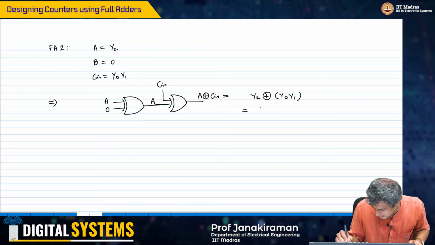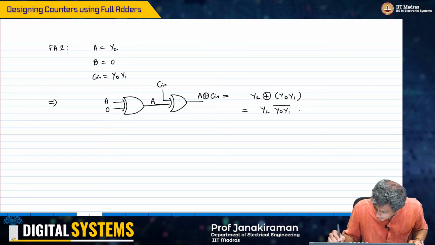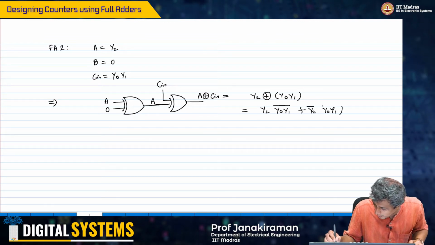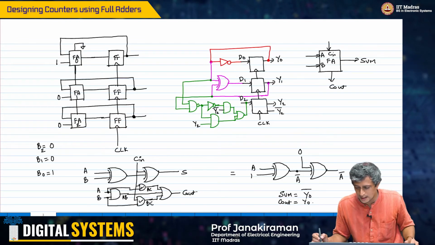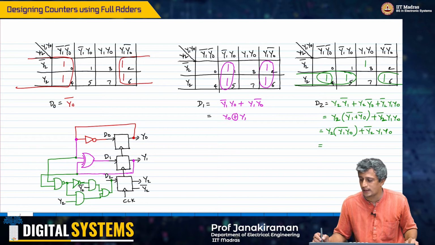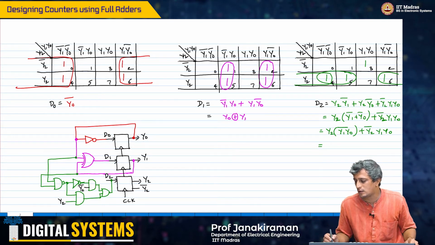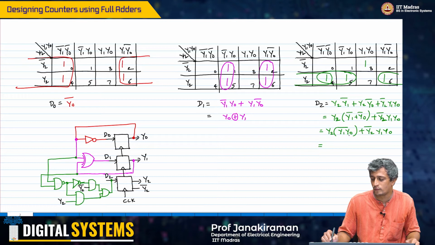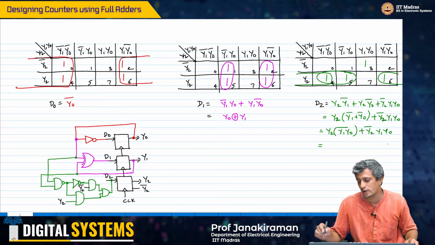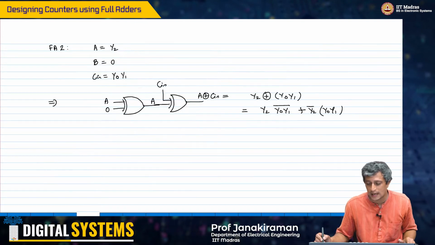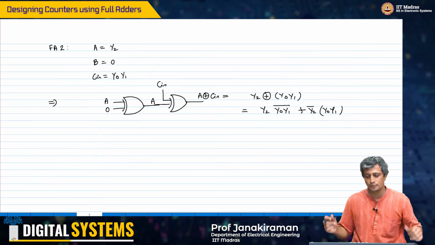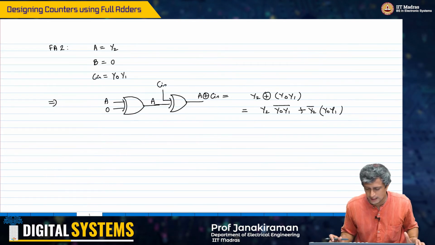And if I expand this, I will get Y2 times Y naught Y1 whole bar, or Y2 bar Y naught Y1, which is exactly what we saw as the implementation and the Boolean expression here: Y2 and Y naught Y1 whole bar plus Y2 bar Y1 Y naught. And therefore this expression for full adder 2 also is simplified significantly.